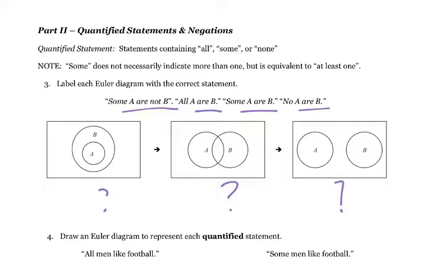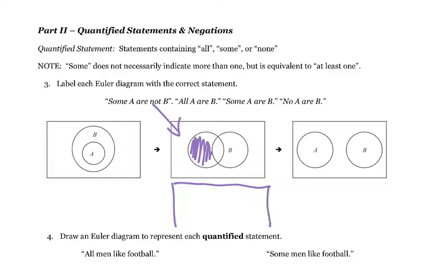So let's start with some A are not B. That means that there's elements in A that aren't in B. Well, that would imply at least one element in A that are not in B, which implies this diagram right here. We have this shaded region in A that is not part of B. We could also represent that with this?